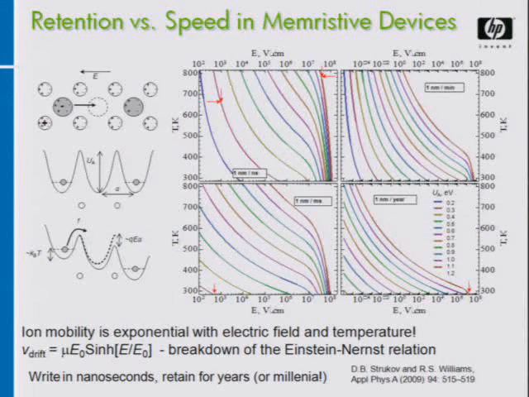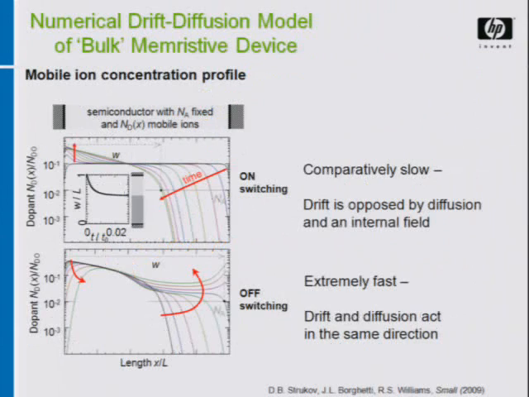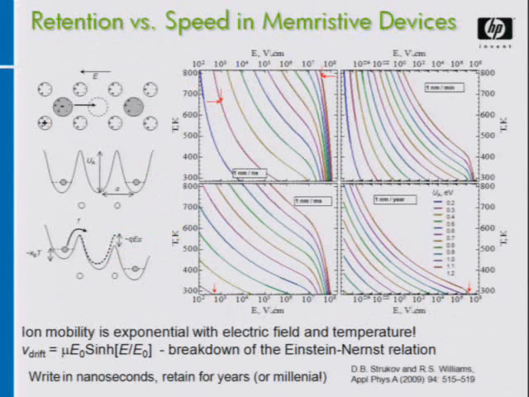Now there's another issue, and this was figured out by Dimitri, and actually Dimitri did all of these simulations here as well. But another issue that Dimitri figured out was this issue of the time difference between switching time and state lifetime.